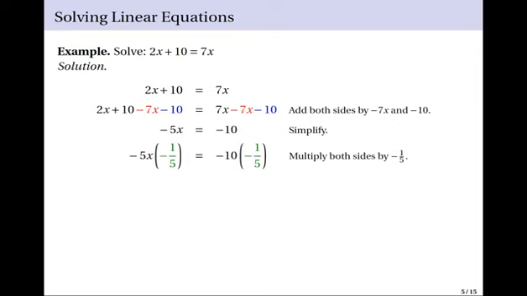Multiplying both sides of the equation by negative 1 over 5, we will have the following. If we now multiply negative 5 and negative 1 over 5, you'll be left with x. On the other side, you have negative 10 multiplied by negative 1 over 5. You will just get 2 after simplifying.